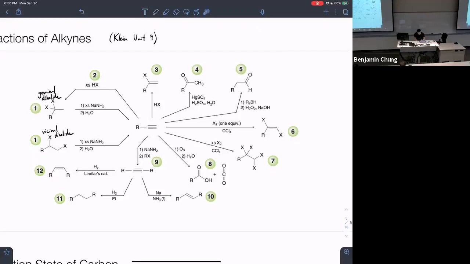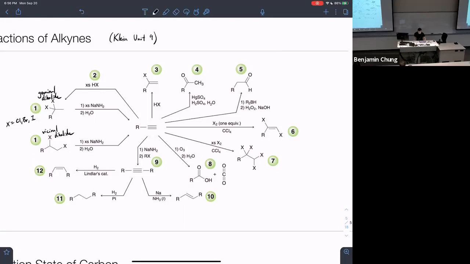Geminal means that the two substituents are on the same carbon, whereas vicinal means that they're on neighboring carbons. So your X, again, is usually bromide, but it can be chlorine, bromine, iodine.